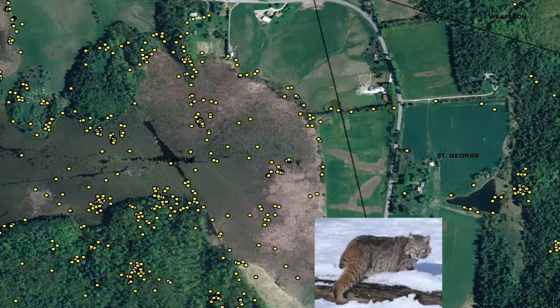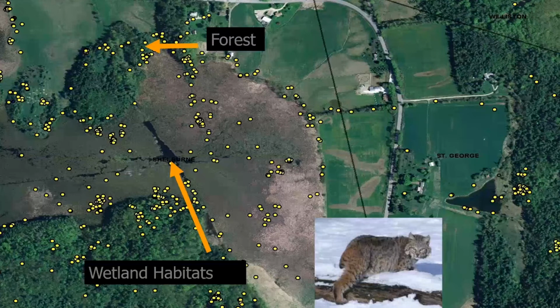And so each of these points represents a place where that bobcat was at some point during the evening or the hours close to it. Not surprisingly, it spent a lot of time in these forest and wetland habitats.